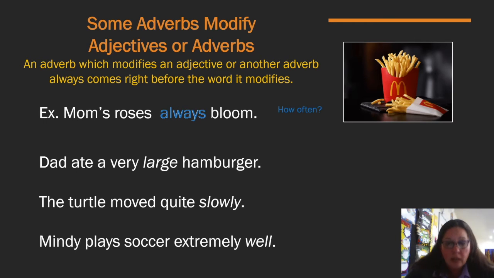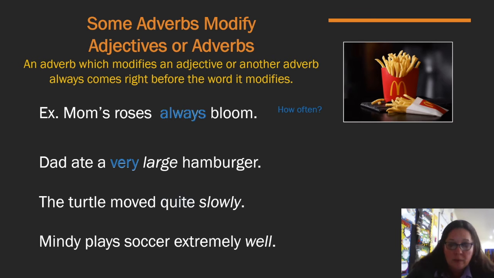Well, we know it's a large hamburger, but we also know that it's very large. So now it's like it's being supersized. Okay? Supersized. So the very is supersizing the word large. So large is the word that is being modified, and very is the supersized word.